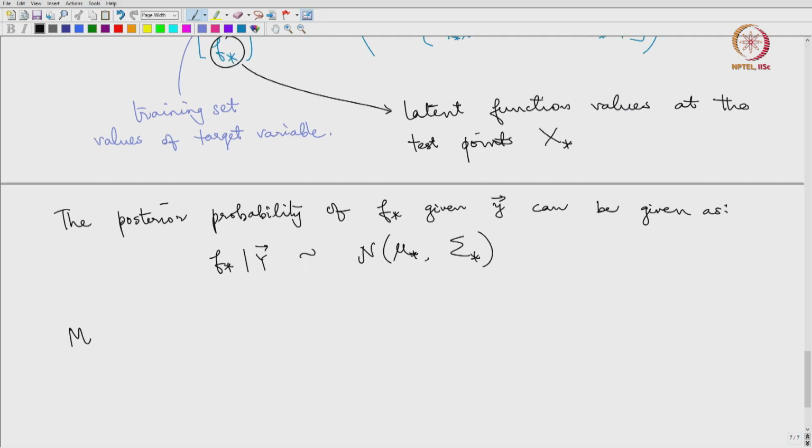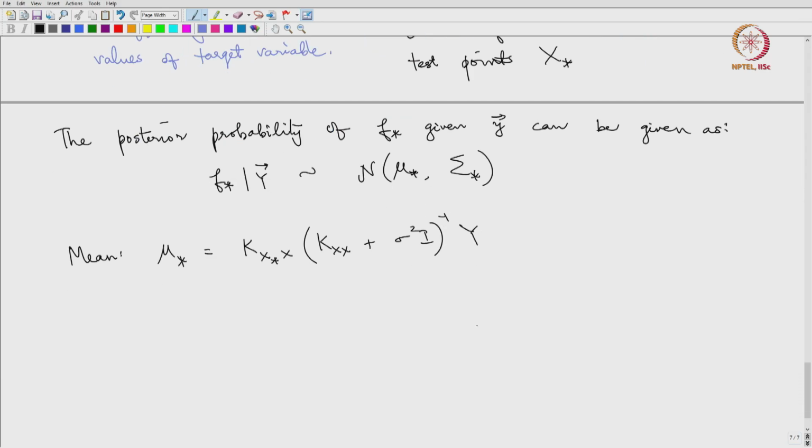The mean mu star can be proved to be the kernel matrix of x star x multiplied by the inverse of kxx plus sigma squared I, times the y vector, and the covariance is sigma star, which is given as k x star x star, the kernel of the test points, minus k x star x multiplied by the inverse of k x x plus sigma squared I, times k x x star.